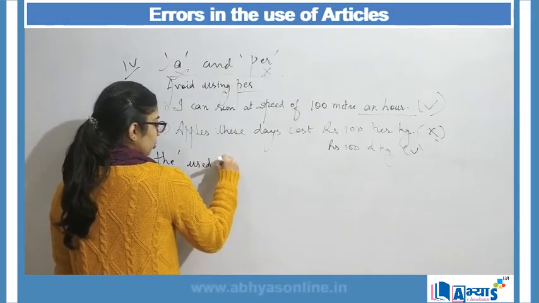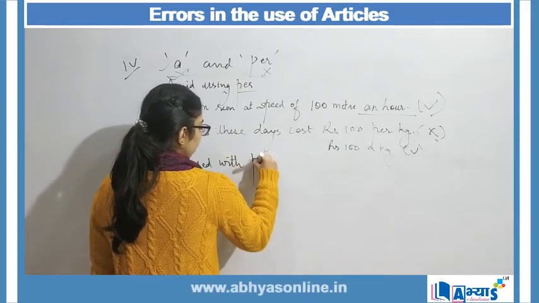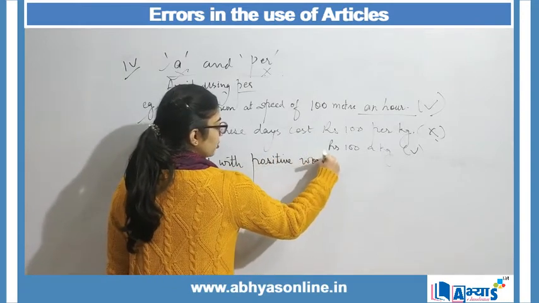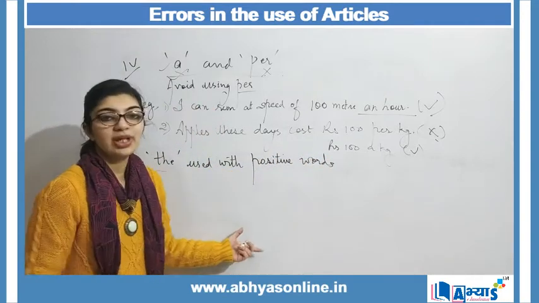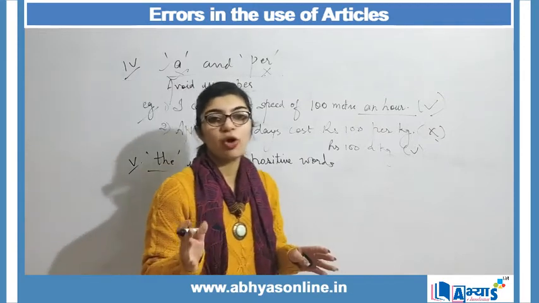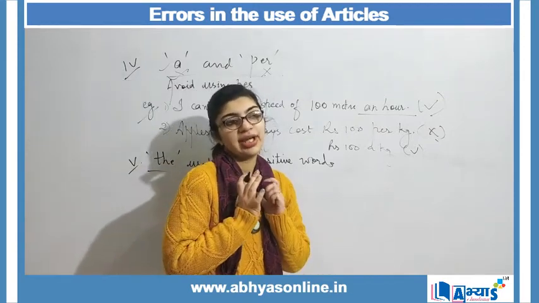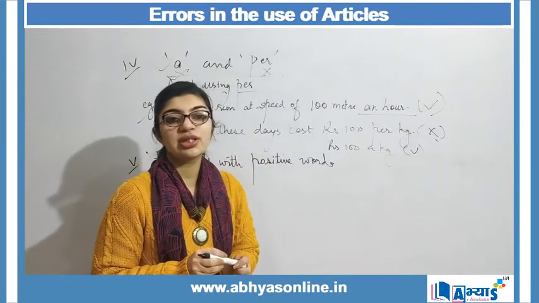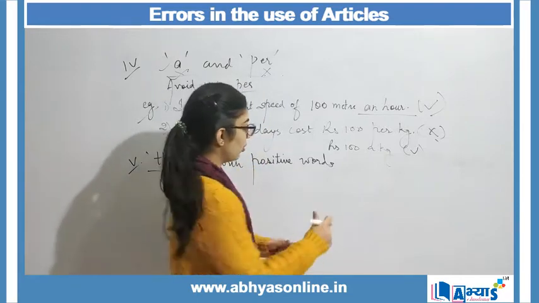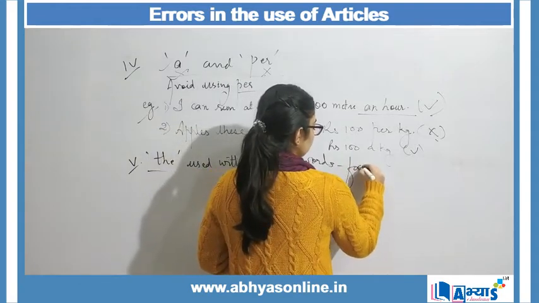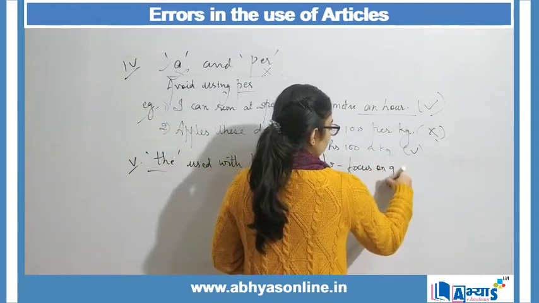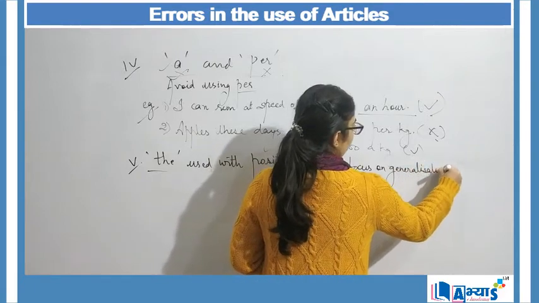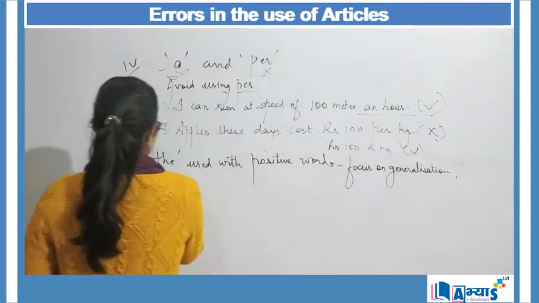And it can be used with positive words when we are particularly focusing on some exceptions, or when we are particularly focusing on some kind of generalization. So when we focus on generalization, or we talk about some exceptions.